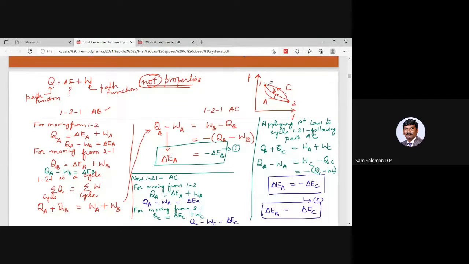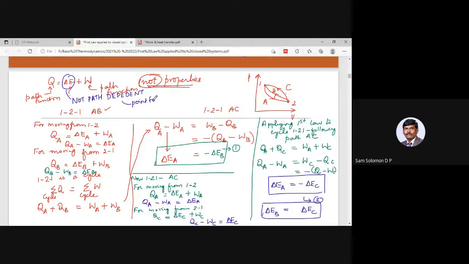So the change in energy is not path dependent, which means this is not a path function but a point function.